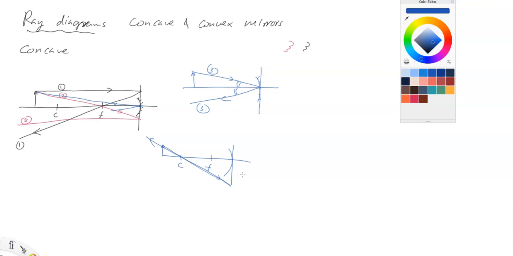And also you only need 2 at a time. The third and fourth one can be used as a confirmation, but just 2 lines are enough to make the ray diagram.